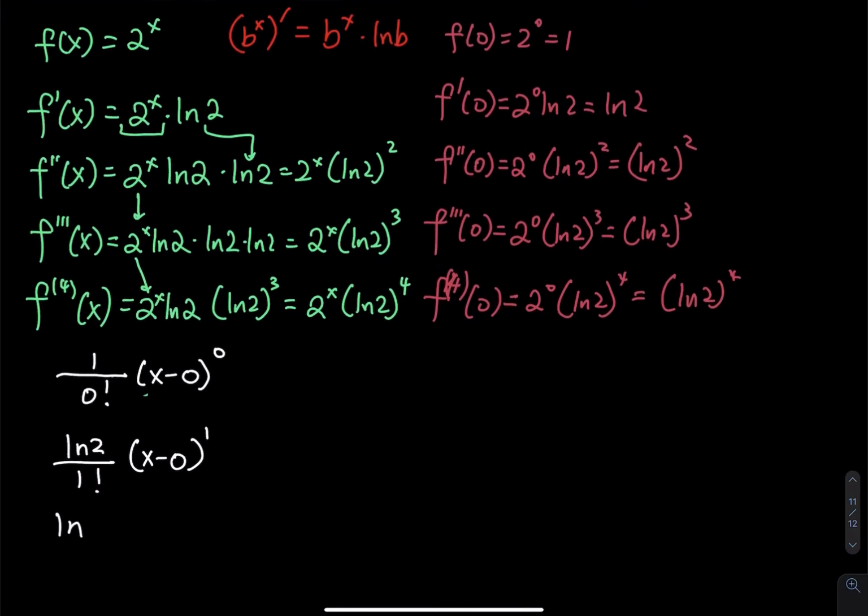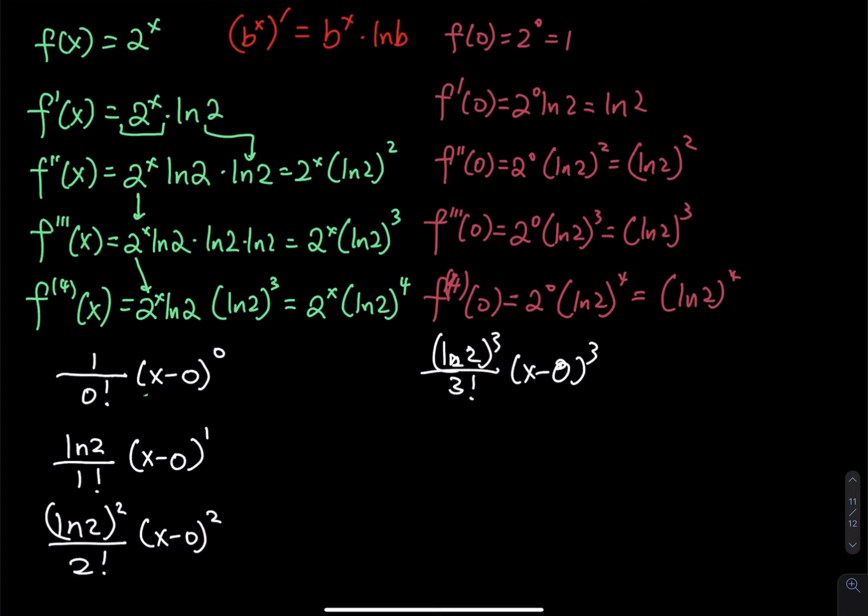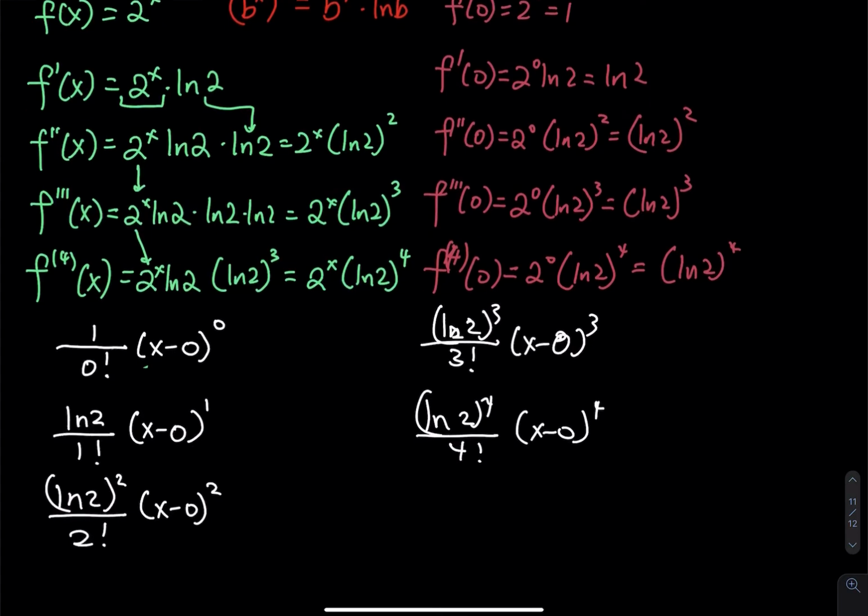And then we have ln2 squared divided by 2 factorial, x minus 0 squared, and then we have ln2 to the third divided by 3 factorial, and then x minus 0 to the third power, and then ln2 to the fourth divided by 4 factorial, x minus 0 to the fourth power.